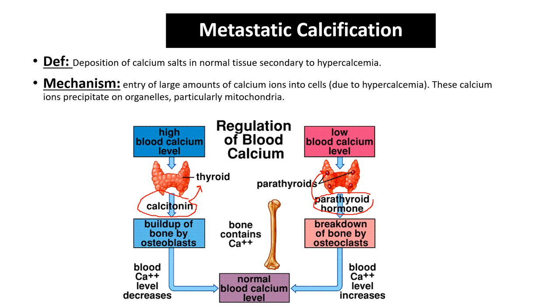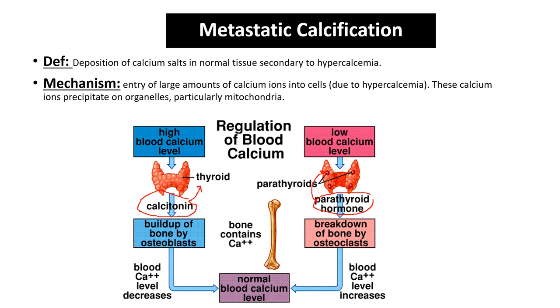Calcitonin's main function is to get a high blood calcium level decreased, leading to normal blood calcium. In other words, if there is a high level of calcium in the blood, calcitonin will take this calcium and put it into the bone for making more bone.